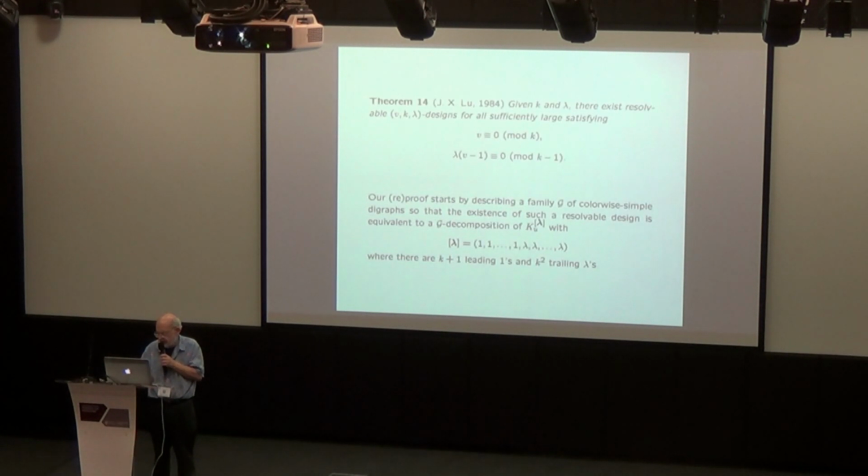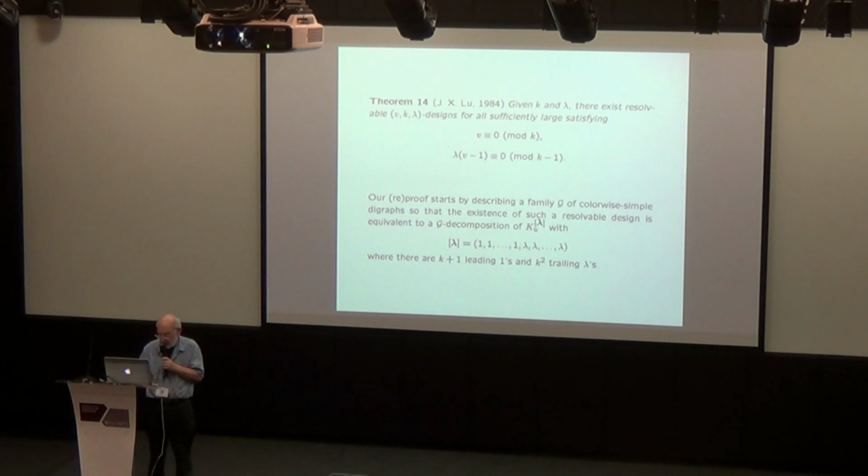And here's an application. This was known before, 1984, but we need to consider graphs. It's equivalent to a graph decomposition problem where you have quite a few edges of one of each color and lambda edges of each color joining any 2 vertices.